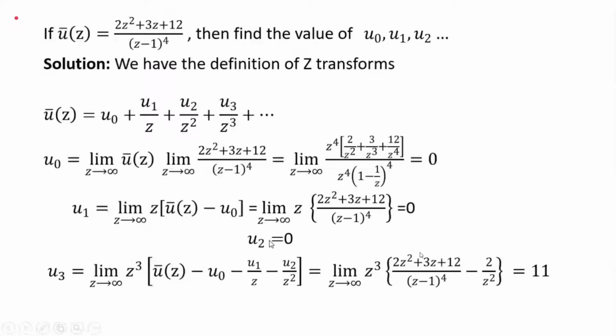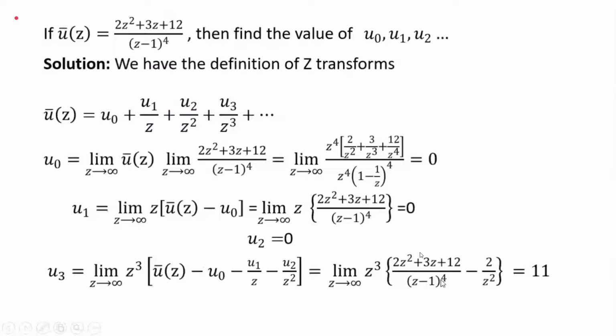In the same way, to find u3, I will shift these terms to the side. Then I will multiply by z cube. Then the next term here will be u4 by z, which tends to 0 as z tends to infinity. So I am multiplying by z cube. Now if you observe, if you simplify this by making a common denominator, you do that and check.